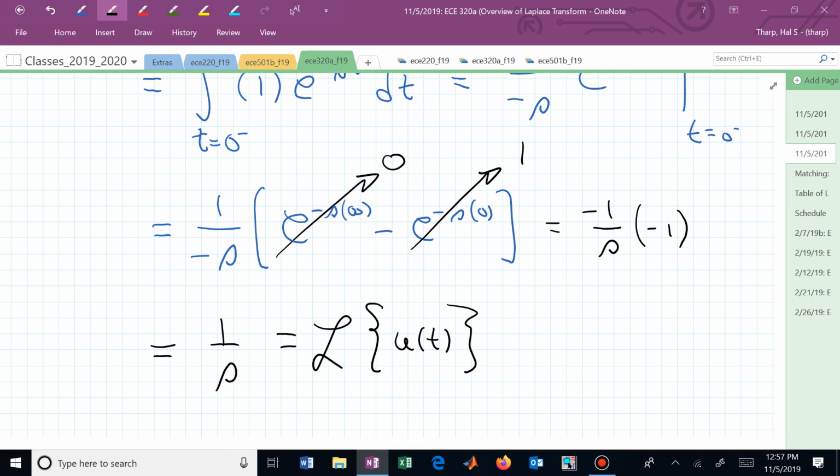You could start replacing s with j omega and see, oh, that now is just falling off linearly with frequency. As you get higher and higher omegas, 1 over omega is what you're plotting in magnitude, or that's what you're seeing. So higher and higher frequencies do not come through with as much emphasis in the unit step. It prefers low frequencies, and that makes sense because the time domain waveform didn't have much shape to it. It was constant. The unit step is flat. That's DC.